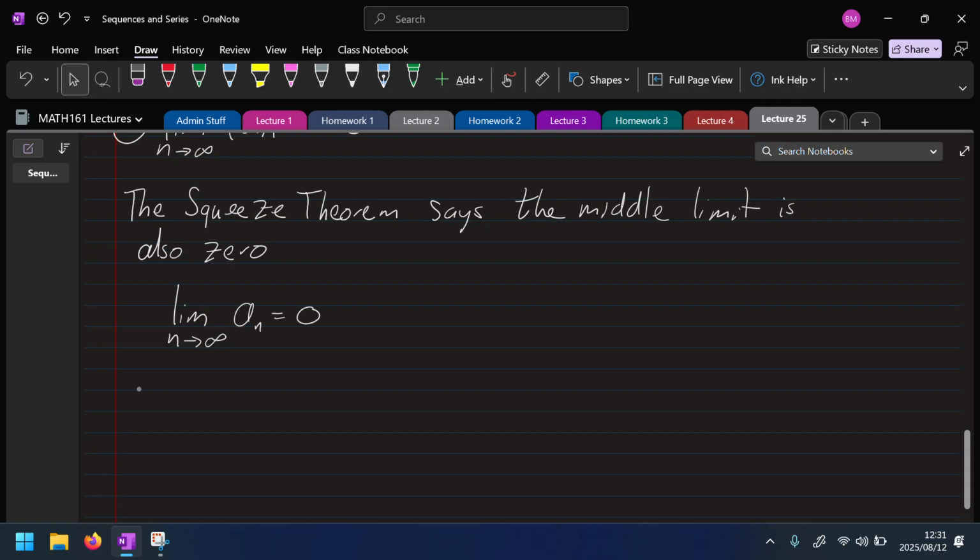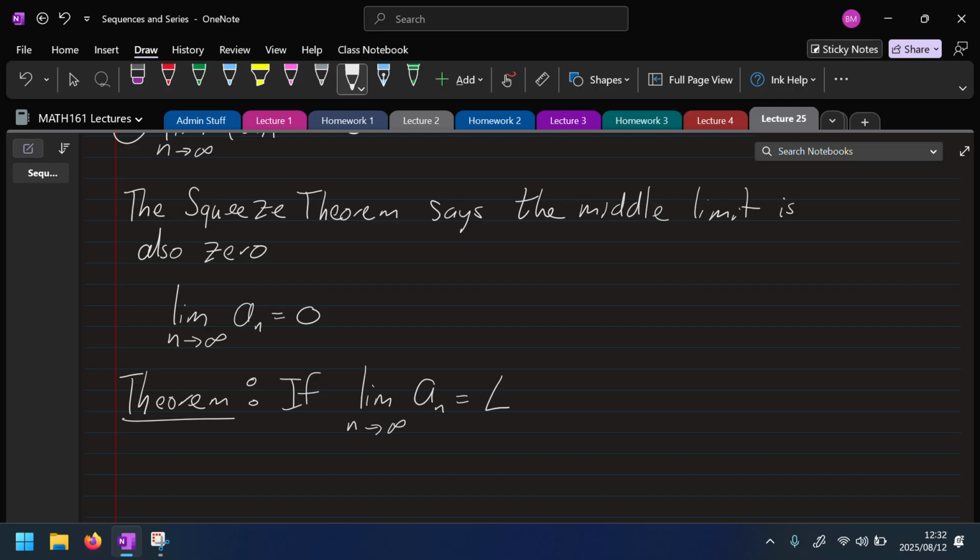Okay, so a theorem. If the limit as n goes to infinity of a_n is L, so we already know that this is convergent. It's got a finite limit, so it must be convergent. And f is continuous. Okay, we know what that means from last year.